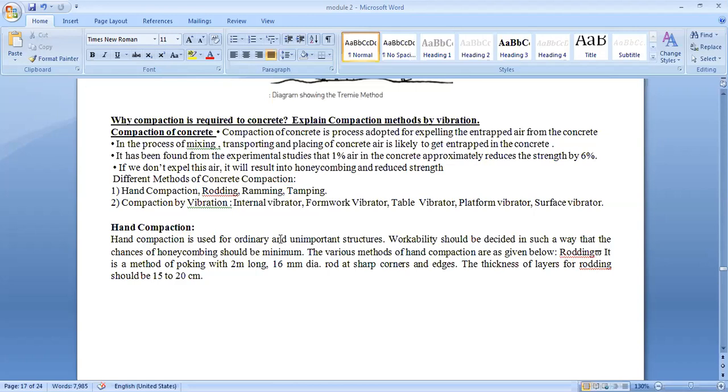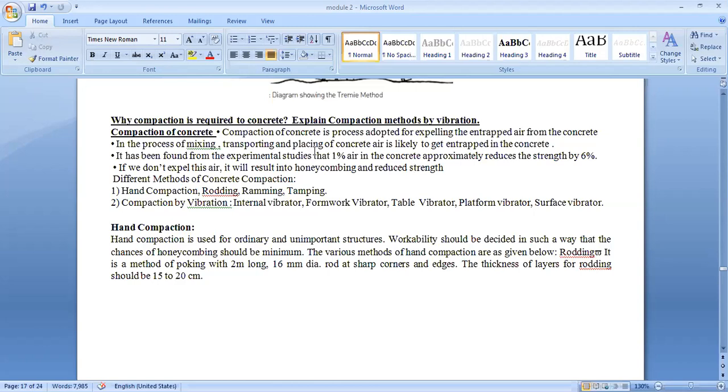Hence it is very important to expel that air. If you don't expel this air, it will result in honeycombing or reduced strength of the concrete. If it becomes a honeycomb structure, ultimately the strength will be reduced. So you need to compact the concrete.